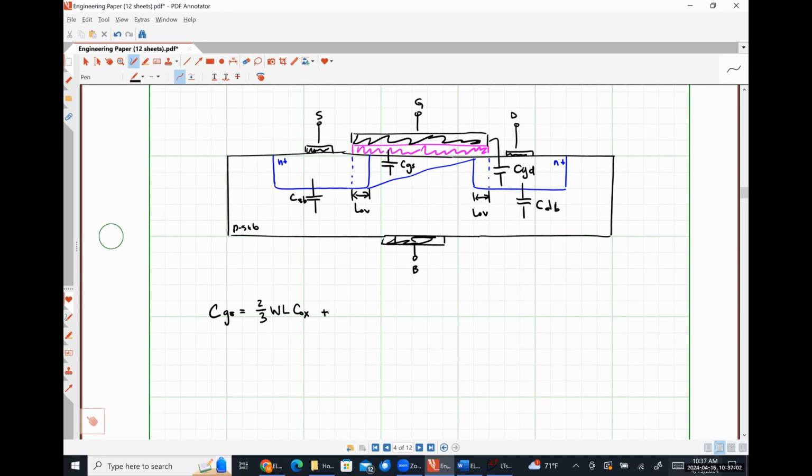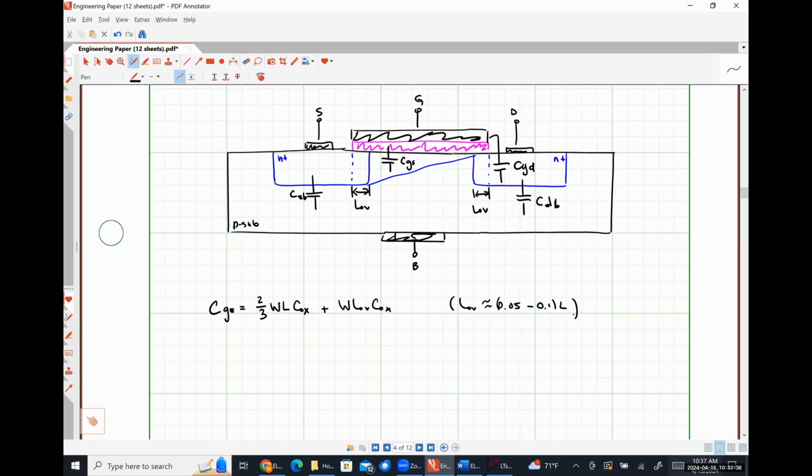And then on top of that, we also have W times the overlap length times COX from the contribution of this region right here, where our overlap length is typically 1/20th to 1/10 of our actual channel length.